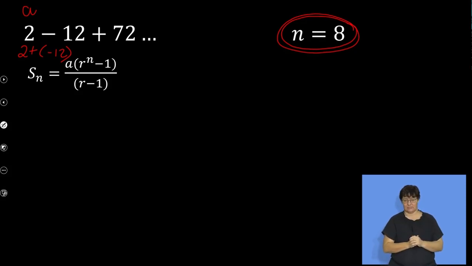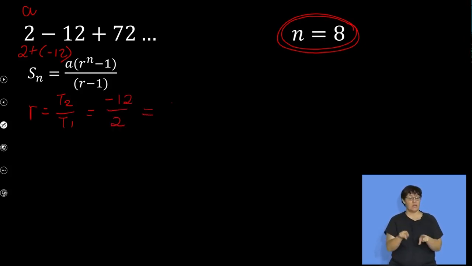So in order to substitute this in, I know I've got my n because I'm summing 8 terms, so n is 8. A is equal to 2 as it's the first term. All that I'm missing is r. And how I'm going to calculate r, we know that I can determine r by saying term 2 over term 1, which I can write as negative 12 over 2. So r is equal to 6.